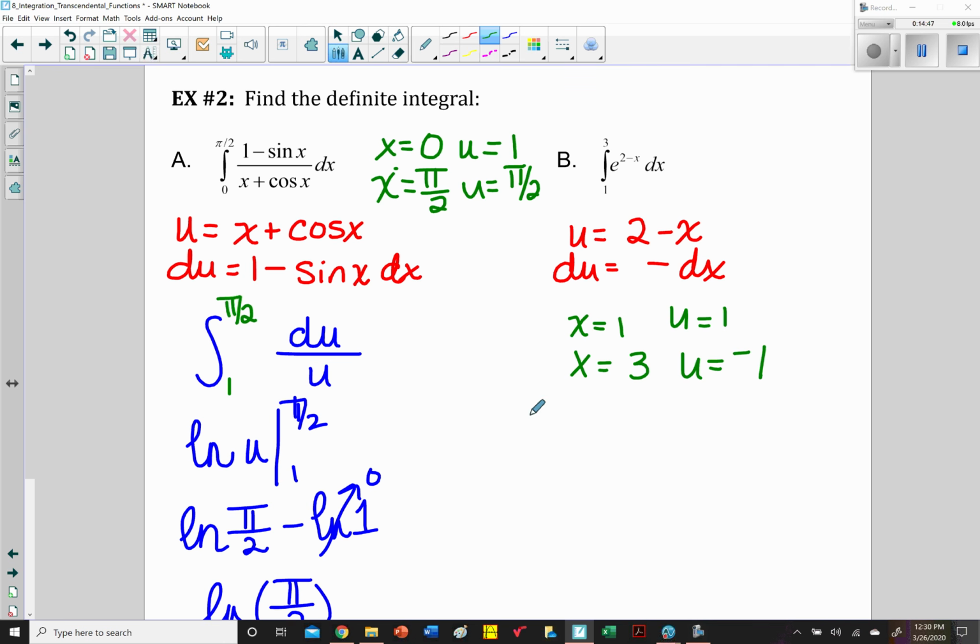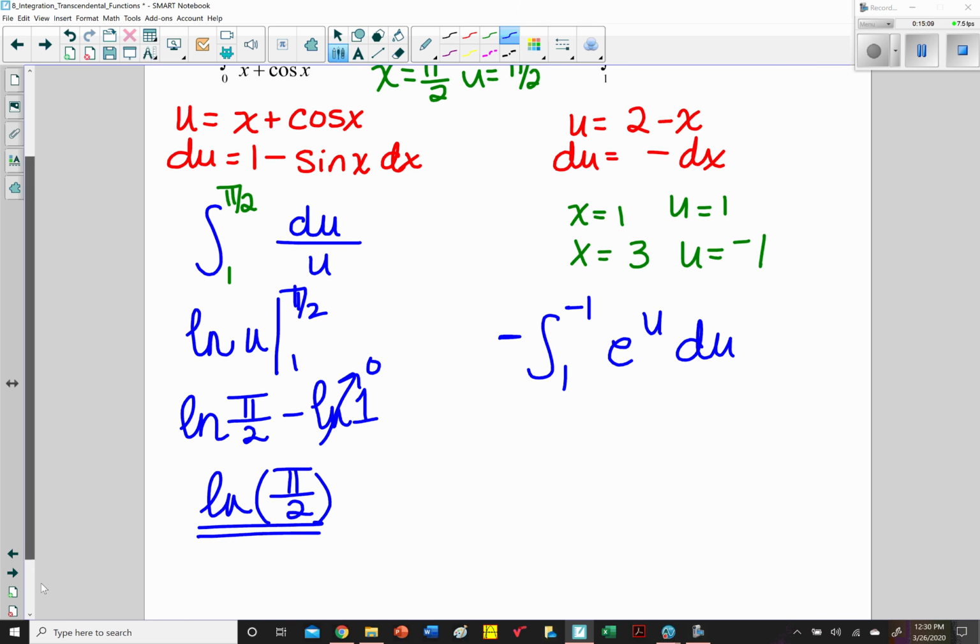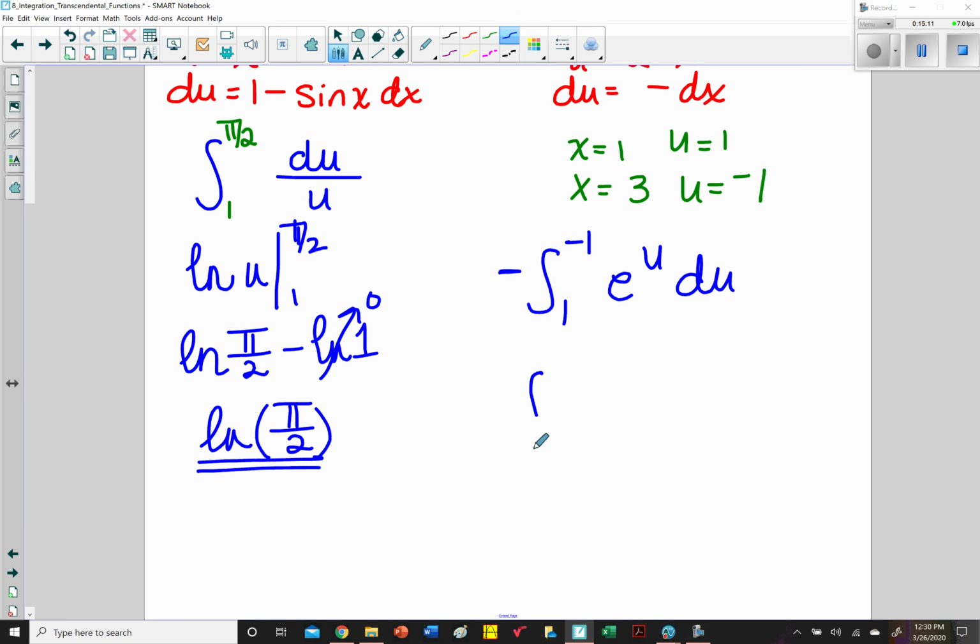Okay, leaving all the x's behind and integrating, we need a negative in front. We need 1 on the bottom, lower bound, upper bound. That's already wrong. So we're going to have to flip all of this around in a second. We want the lower bound to be smaller. So using that property, it's the opposite.